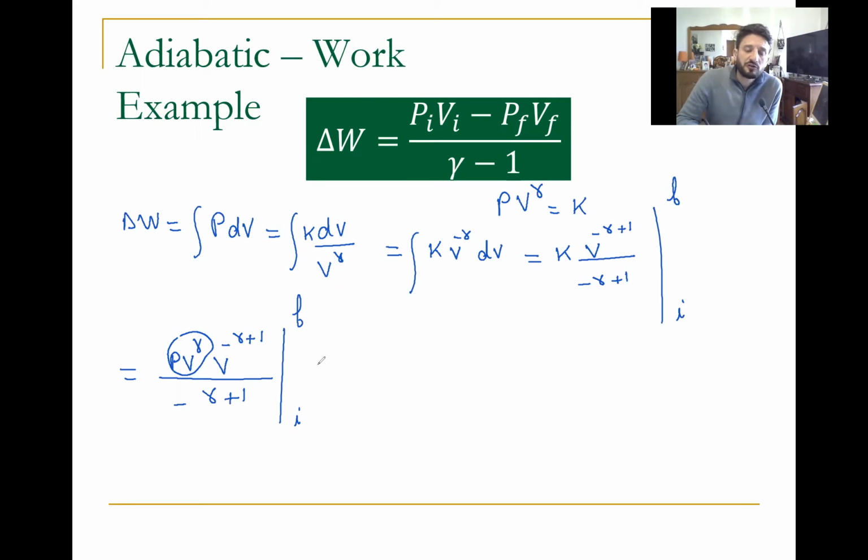Okay, so here we have (minus gamma plus 1), final state minus initial state. Here we have P times V^gamma times V^(minus gamma plus 1) equals P times V. Okay, between the initial state and the final state.